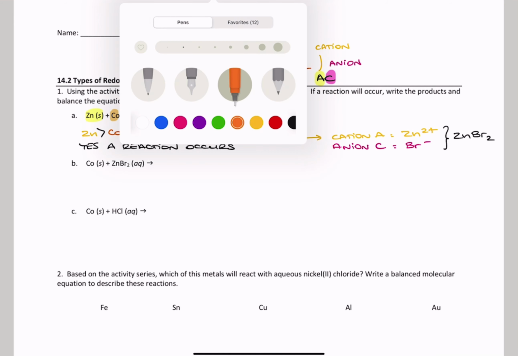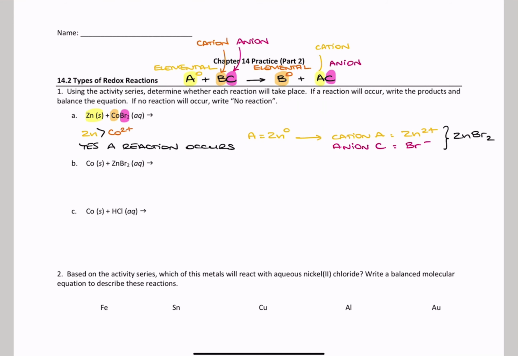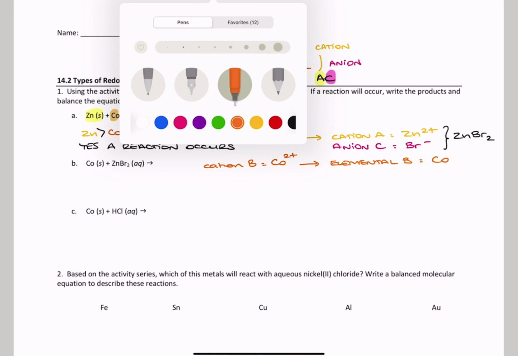And then the cobalt, so the cation B, was Co2+, and this one becomes elemental B. So it just becomes cobalt. And now we can add this in the equation.